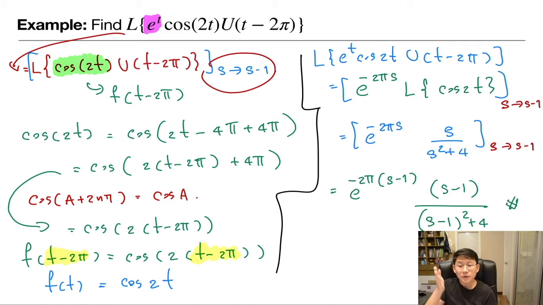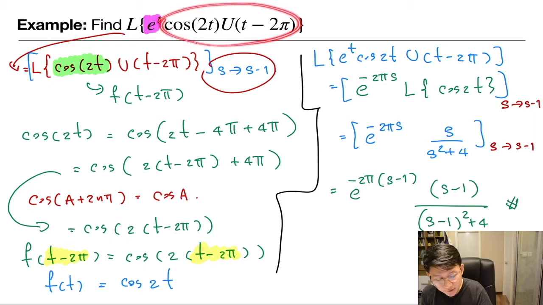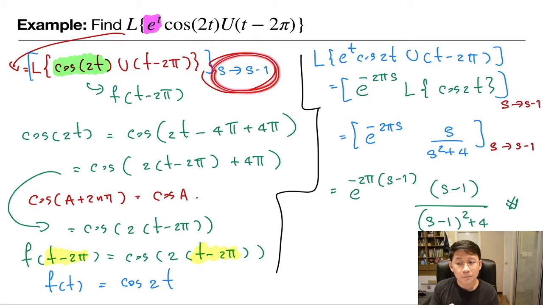Okay, cool. So first, when we see this, we apply the first technique. Once we apply the first technique, we can get rid of e to the t. We just need to find the Laplace transform of this part, and then we shift s to s minus 1.